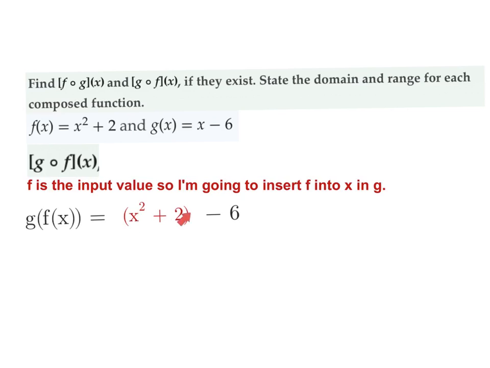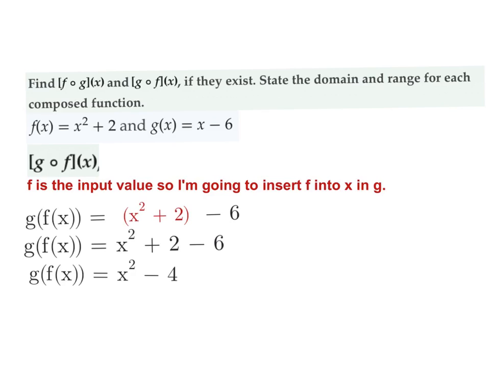There's nothing being multiplied by this set of parentheses in front or back, so I can really just drop them. Then I have 2 minus 6, which is minus 4. So g of f of x equals x squared minus 4. You don't have to factor it when we're doing composite functions, even though it's factorable. How many had that? Okay, good.